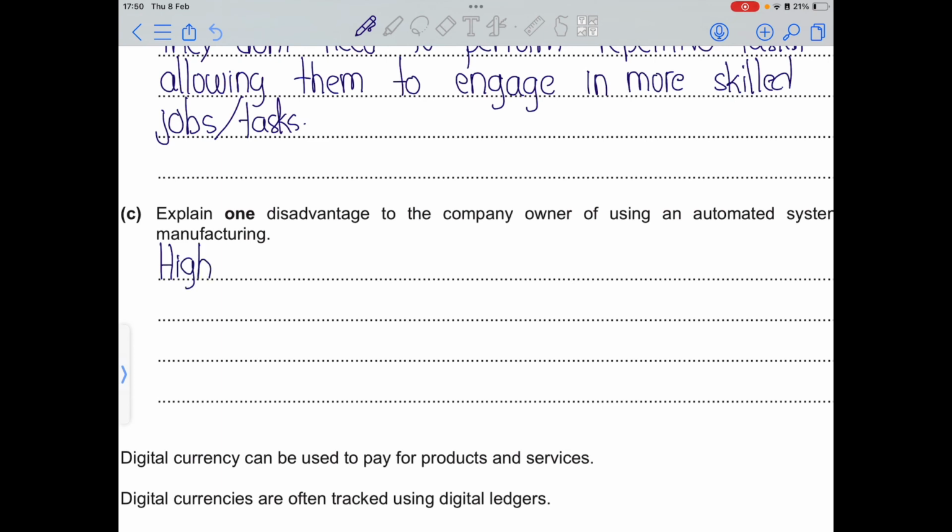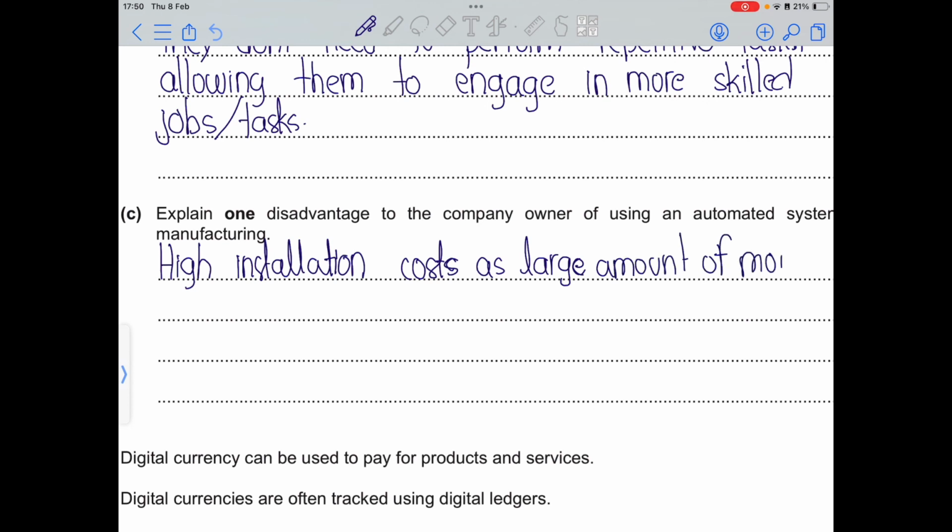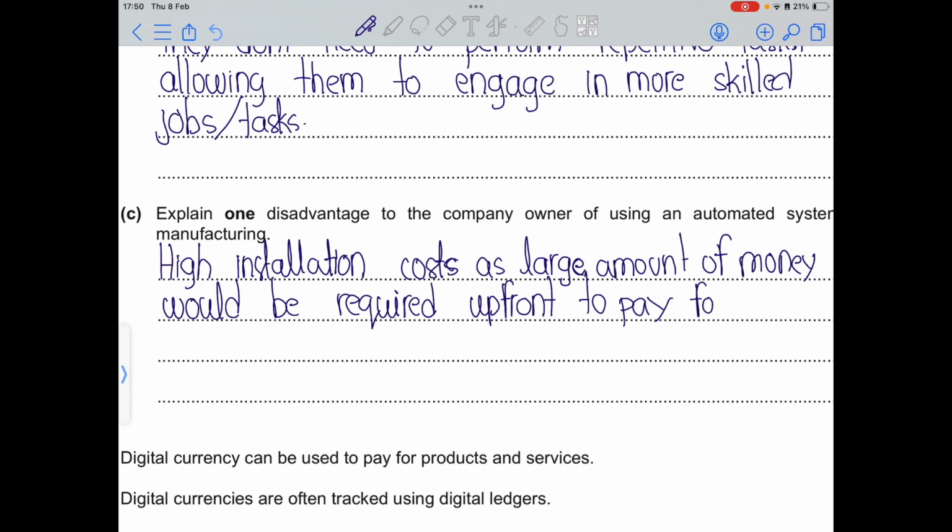High installation costs, as a large amount of money would be required upfront to pay for the system.